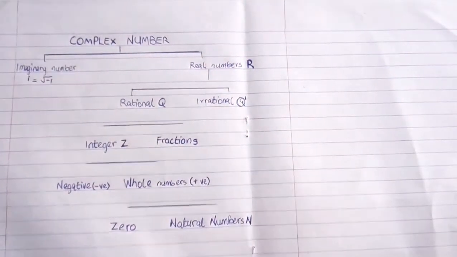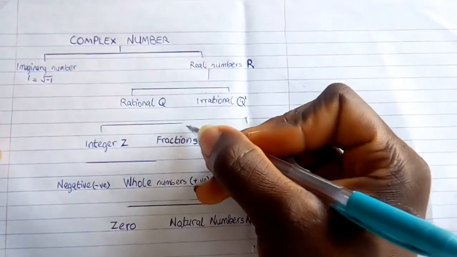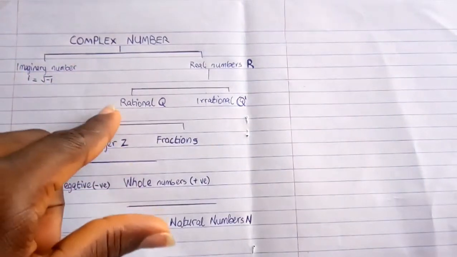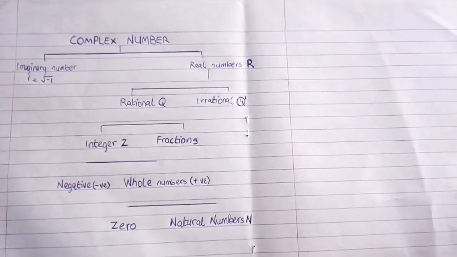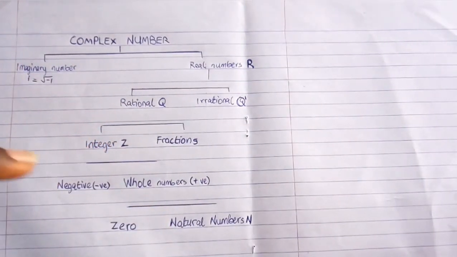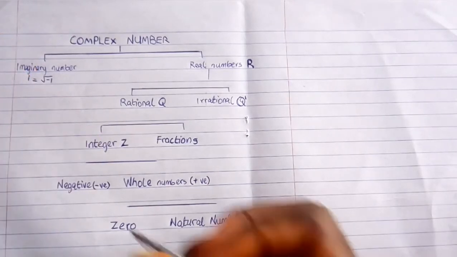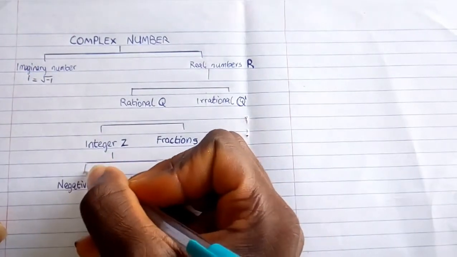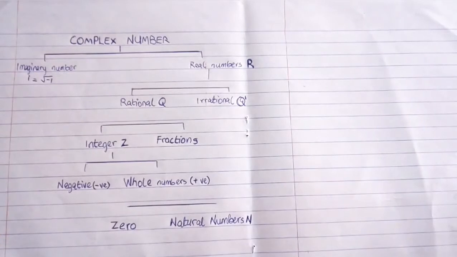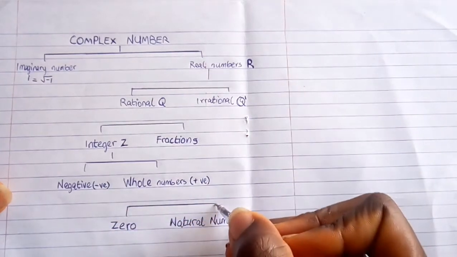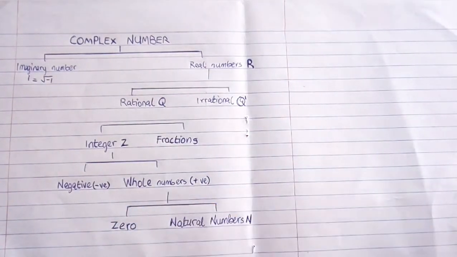Then from the rational, we have the integers and the fractions, because rational numbers give rise to fractions. Then from integers, we have the negative numbers and whole numbers. From whole numbers, which are also the non-negative numbers, we have 0 and natural numbers. So this is the chart, the relationship from complex numbers down to natural numbers.